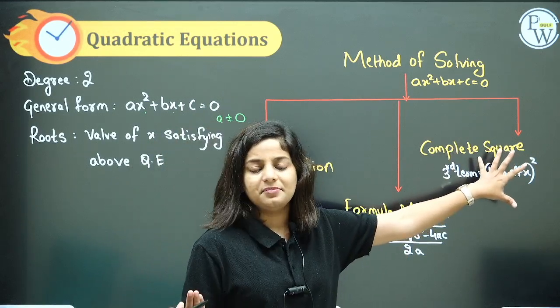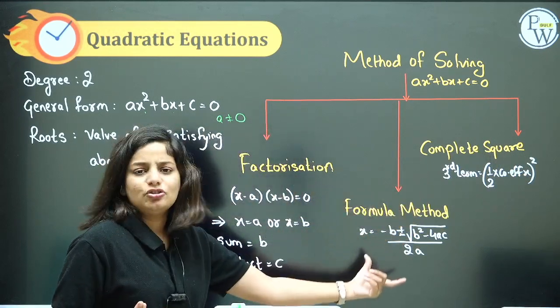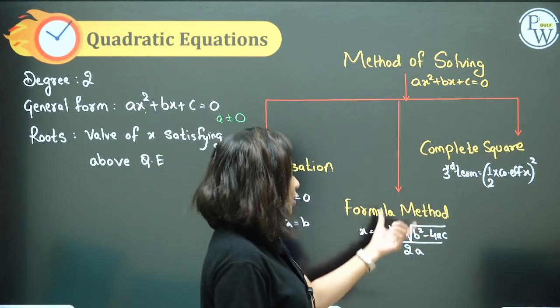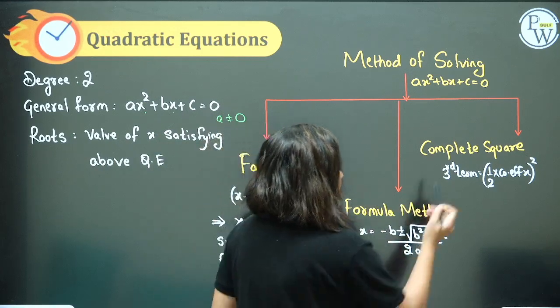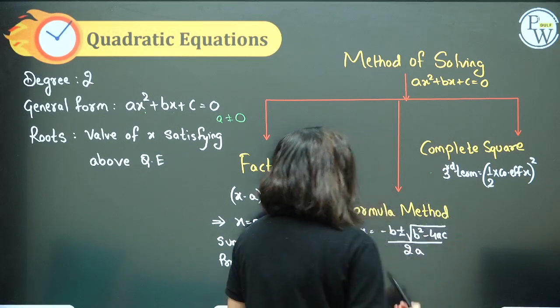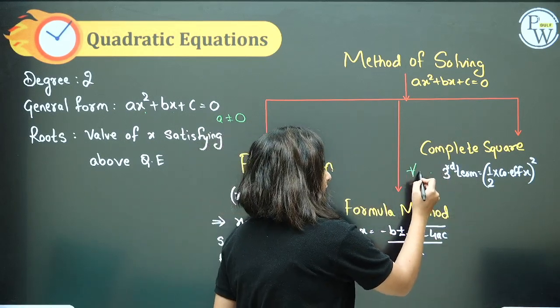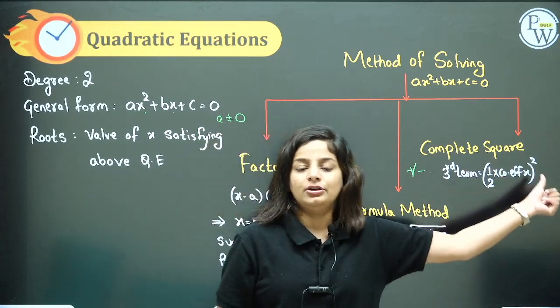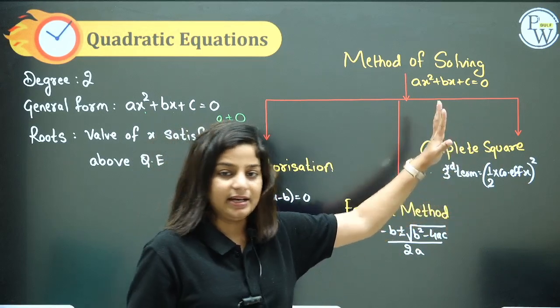Again, it's a very simple and interesting method. When you cannot do factorization or you don't want to use it, the formula method is well sufficient for all the questions. But the complete square method is also an interesting method where you add and subtract the third term, which is half into coefficient of x the whole square. So for those who have studied, must be relating to it.